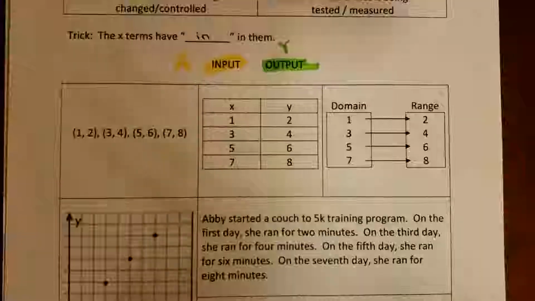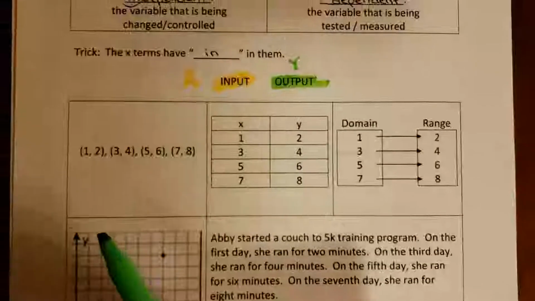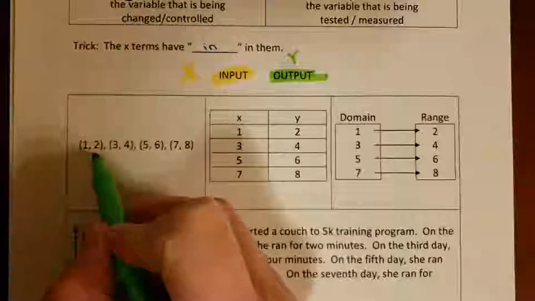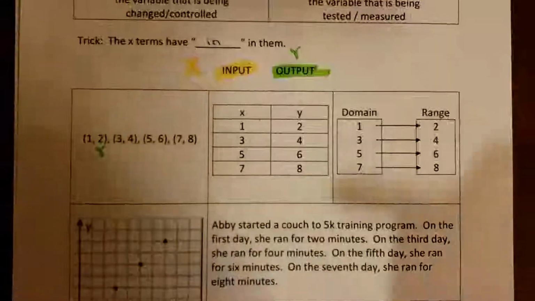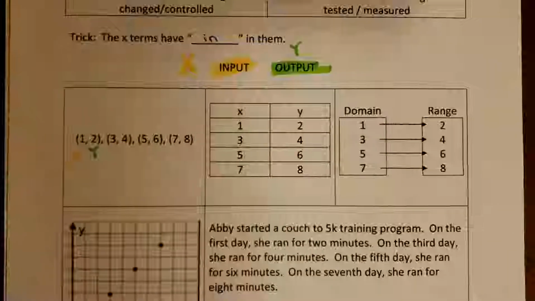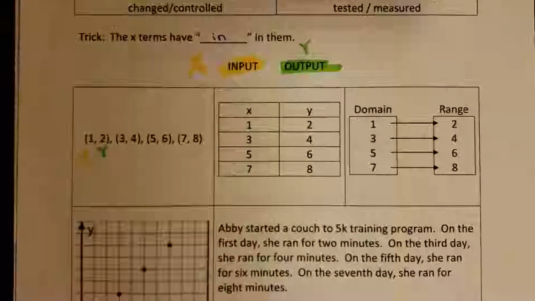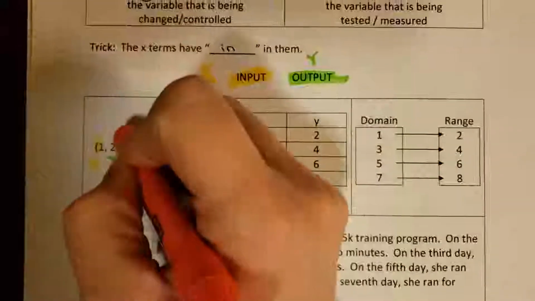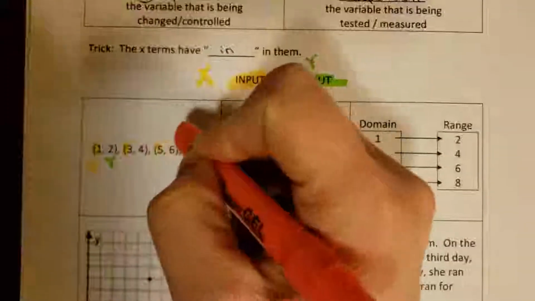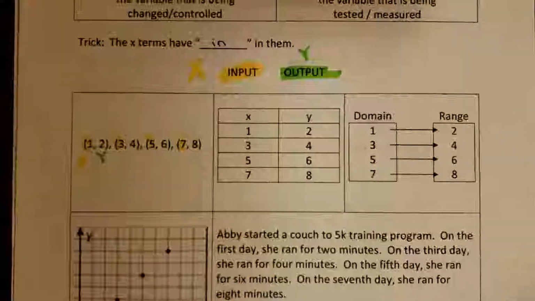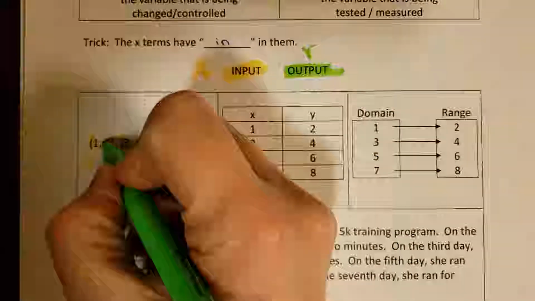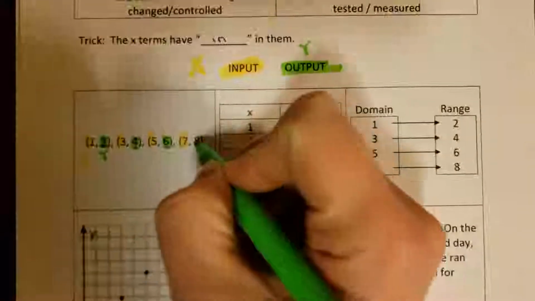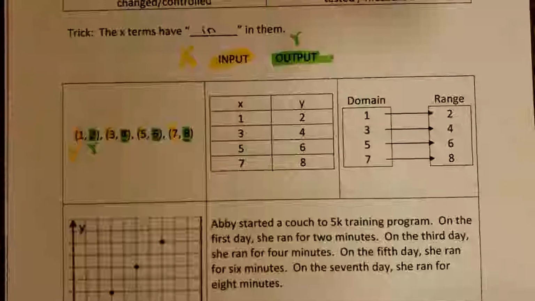We know that a coordinate is made up of an x and y value, x, y, x, y. That means the first number in every coordinate is the x, or the input. And the second part of every coordinate is the y, or the output.